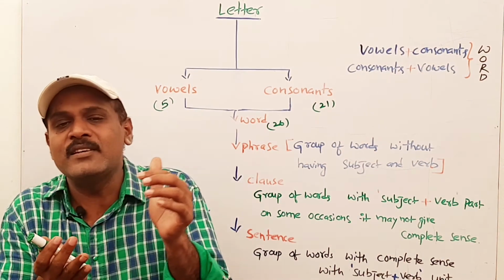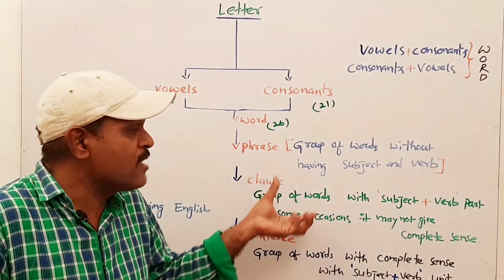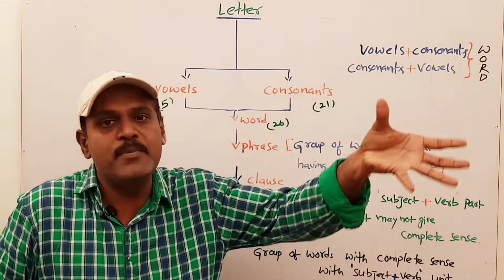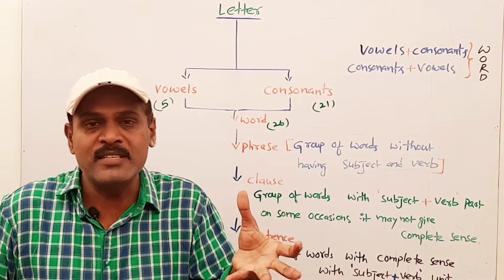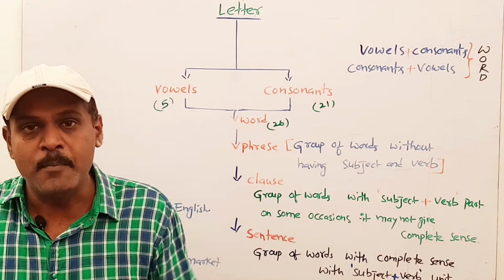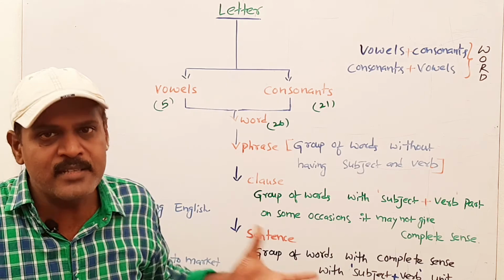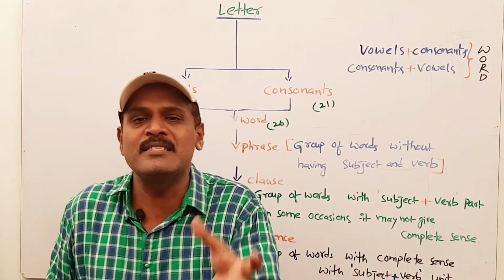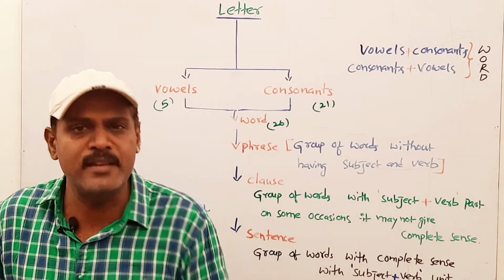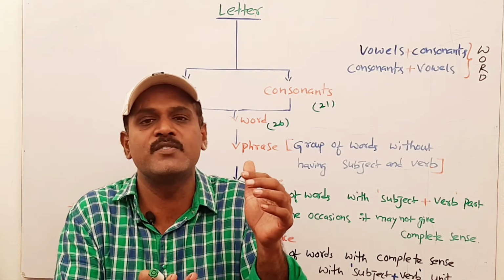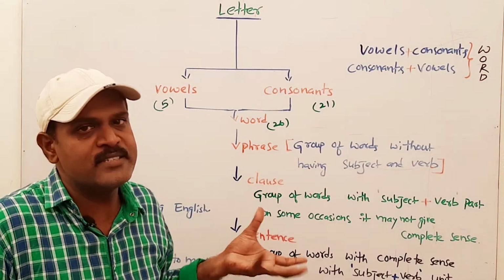The basic difference is that a clause sometimes may not give complete sense, it gives incomplete meaning. But a sentence always gives complete sense and full meaning. That is the basic difference between clause and sentence.